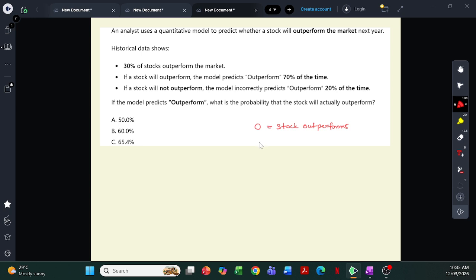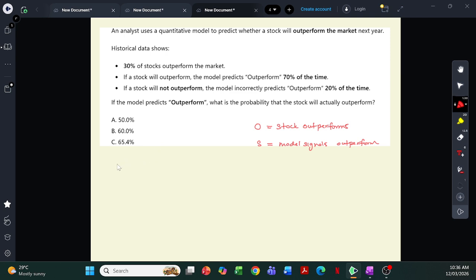And I'm going to say S is that the model signals outperform. Okay, O, stock outperforms. S is that the model signals that it will outperform.